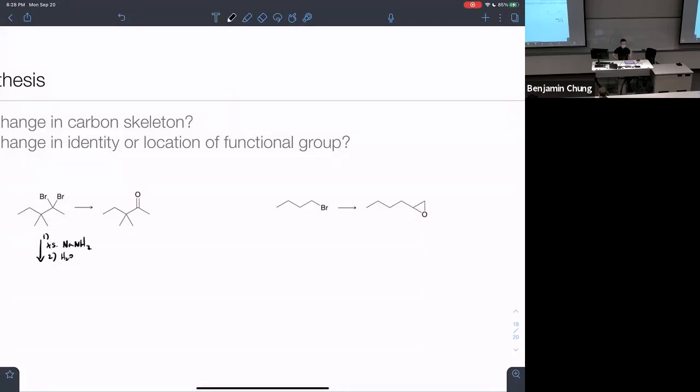I would expect you to memorize these specific conditions and the order of steps required to generate the desired intermediate. So that'll give you the alkyne.